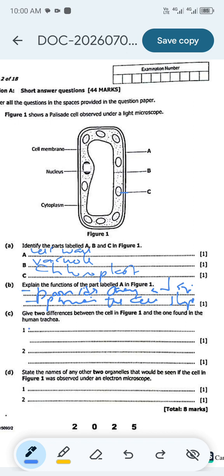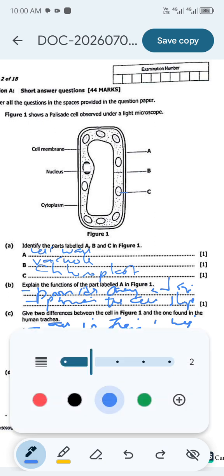One difference is that the cell in figure 1 has what we call the cell wall, which the cell found in the trachea does not have.